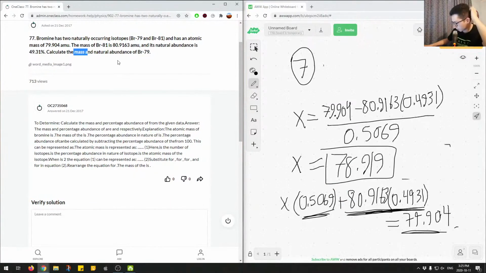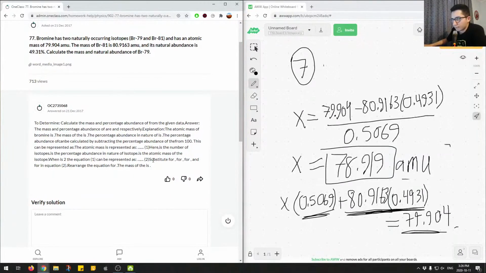So we answered the second component of the question. The mass is 78.919 AMU, and the abundance is 50.69% from what we calculated previously.